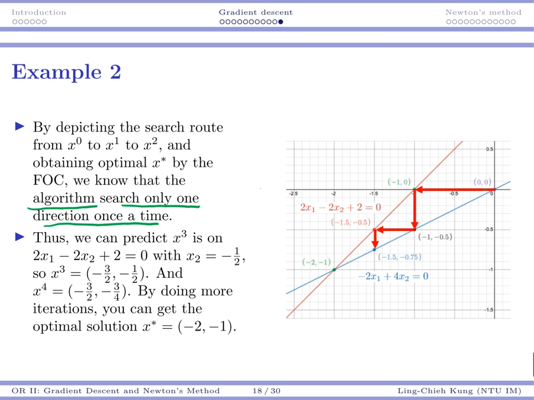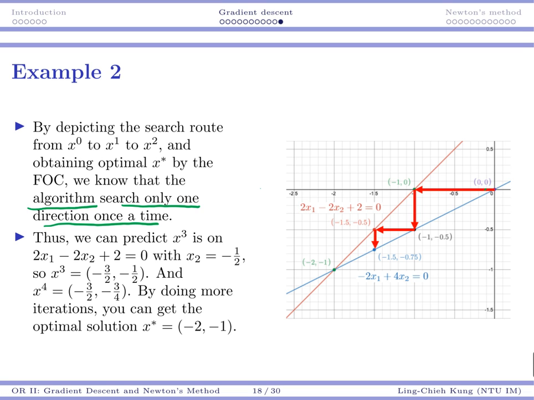Along the second direction is the same thing. You must stop at -1, -1/2. Why is that? Because along that direction, the blue line is always the place for you to have the first order derivative, or the gradient, equal to 0. And that's the minimum location. So by knowing all these things, we don't really need to carry out the next iteration using the original formula.